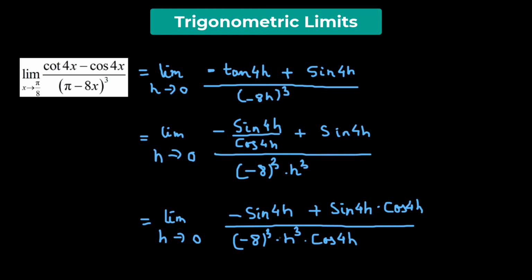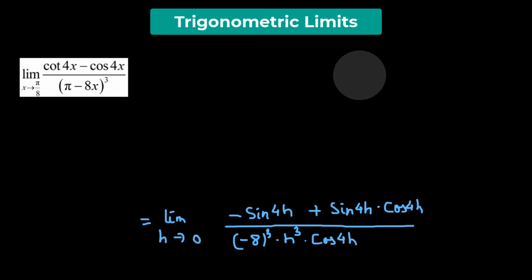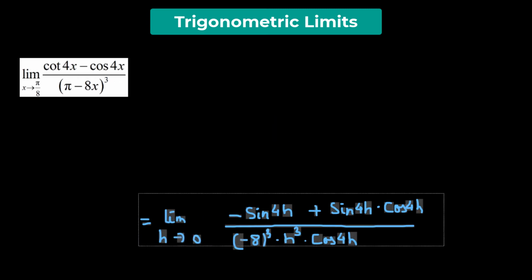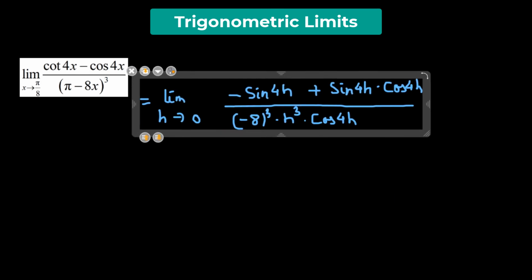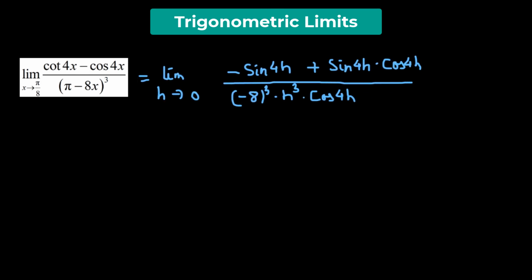Now we're going to take negative sine of 4h as the common factor in the numerator. So we have limit h approaching 0, negative sine of 4h. We're going to take this as the common factor.